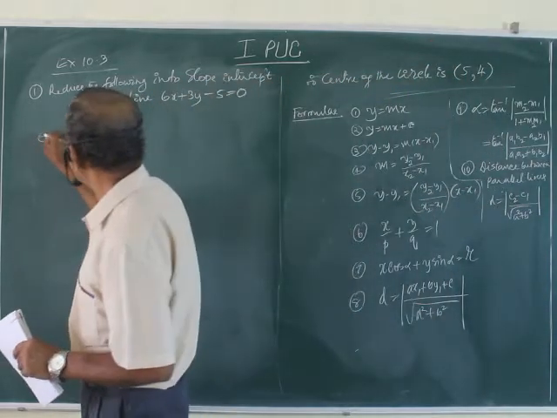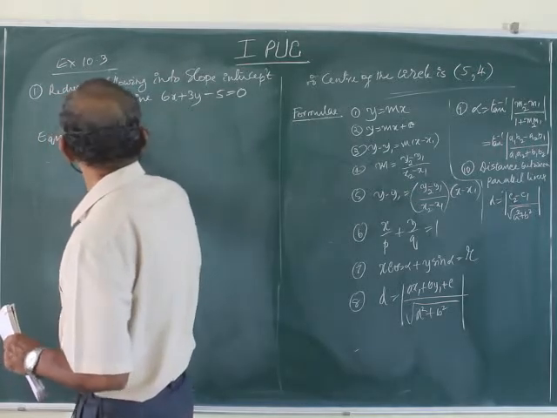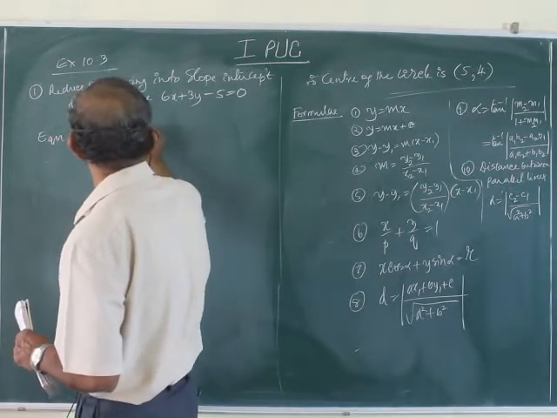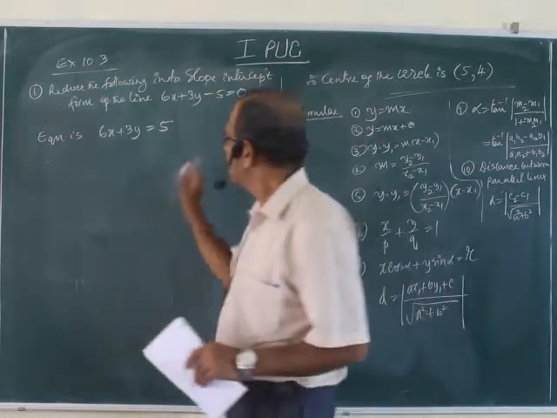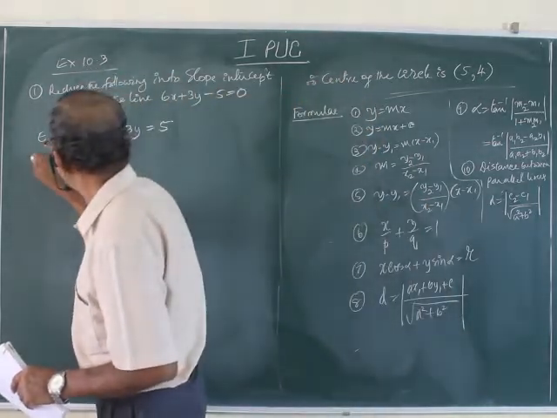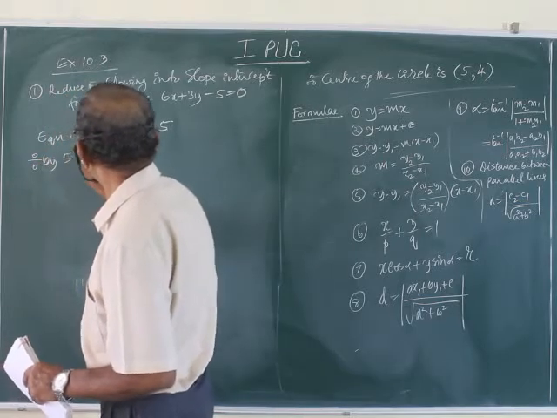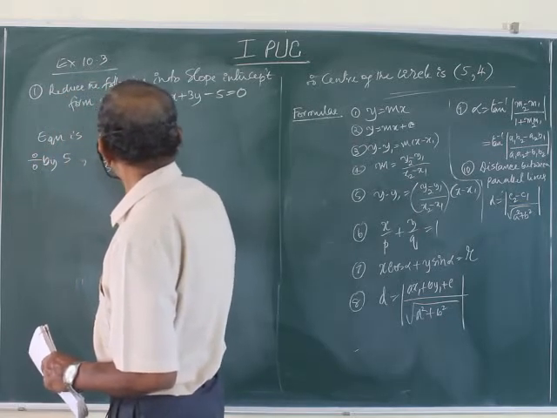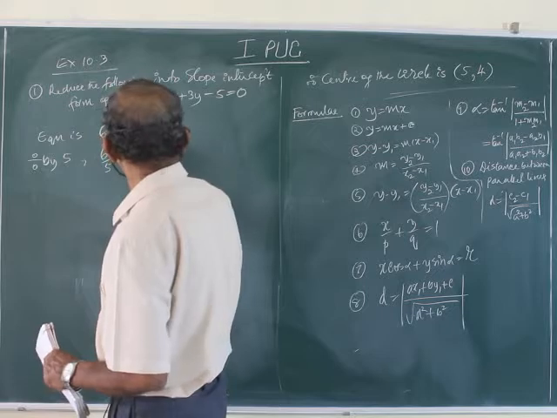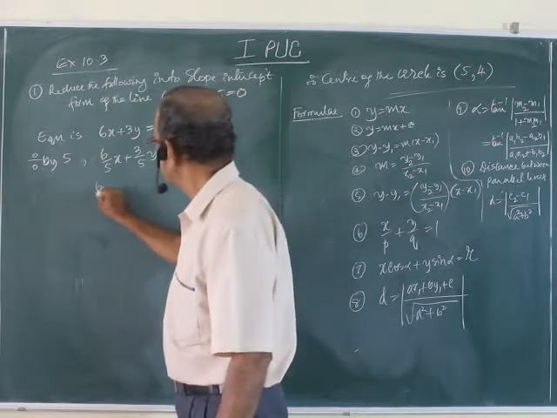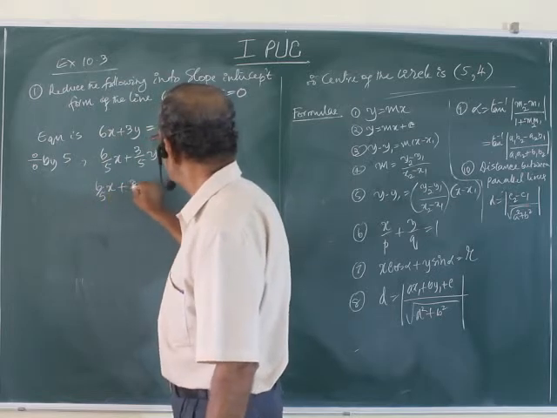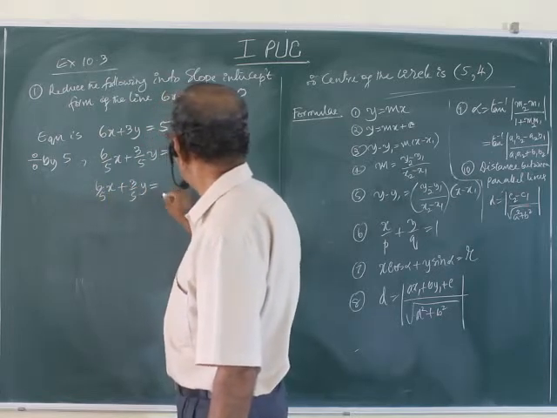Okay. Equation is 6x plus 3y equal to 5. Just bring that minus 5 to the right side. Divide throughout by 5. 6 by 5x, 3 by 5y, 5 by 5 which is 1.